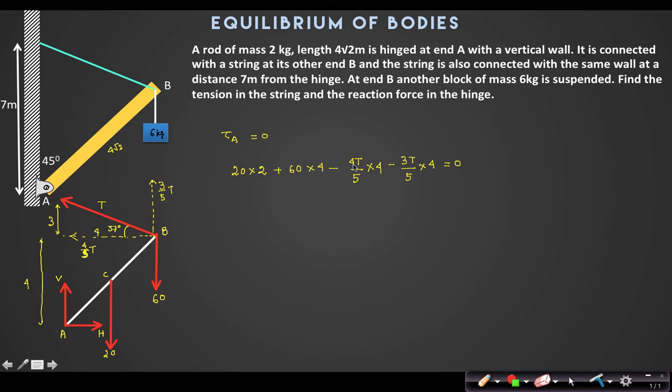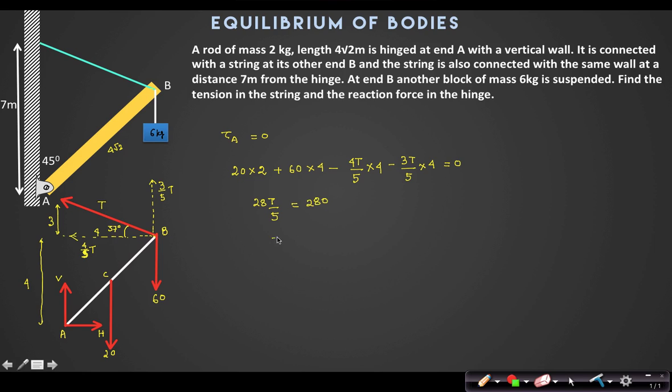So if you make it 0, 16 plus 12 is 28T by 5. 28T by 5, yes or no? 240 plus 40 is 280.